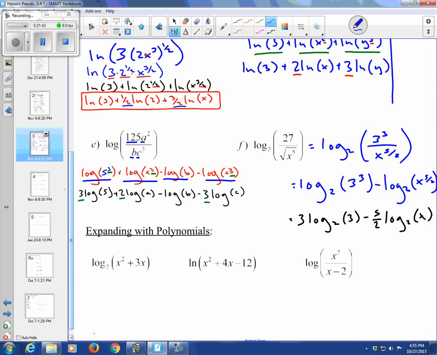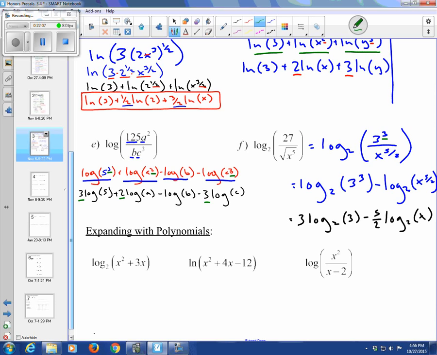Our final expansion right here, log base 2 of 27 over the square root of x to the 5th, is going to take some simplifying first. Right here, I went ahead and made that 27 3 to the 3rd power inside the logarithm first, right, instead of expanding it out like we did with the 125 and then making it a base to a power.